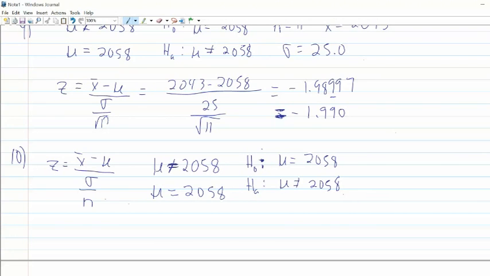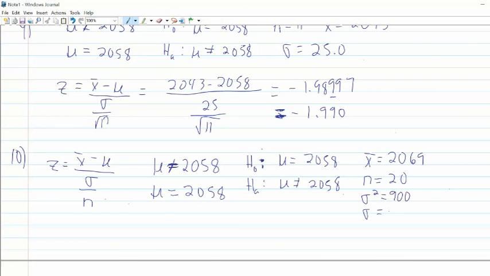Other important things given in the problem: the sample mean was 2069. Our n was 20, the number of doors in the sample. We were given a variance of 900.